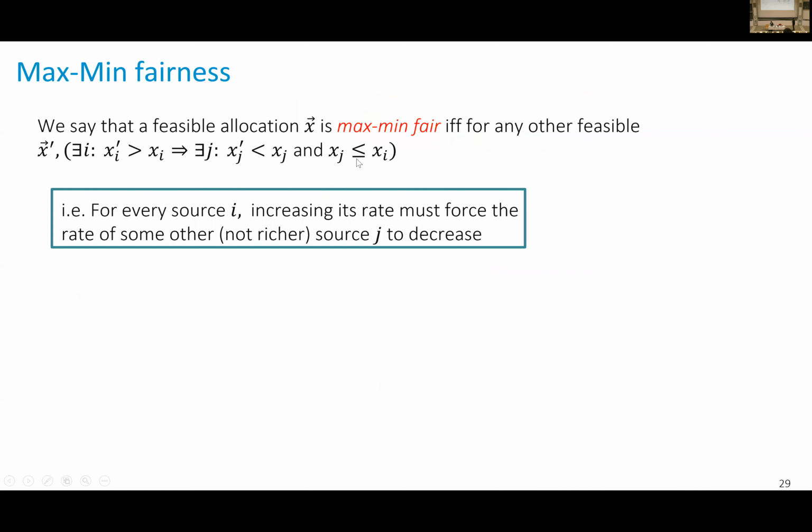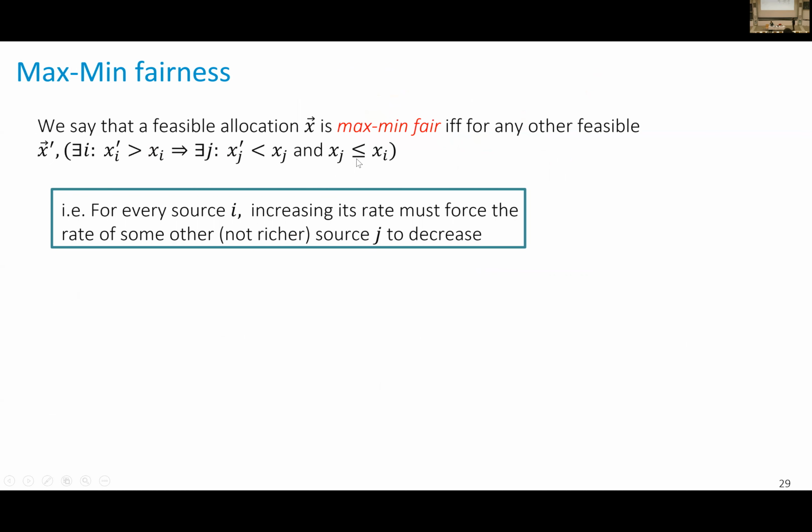And when we do this, we find that this link is saturated, because the constraint is that 1 plus 9 is equal to 10. So this is what is often in this context called a bottleneck link. And all the sources, all the flows that use the bottleneck link are frozen. They cannot increase.